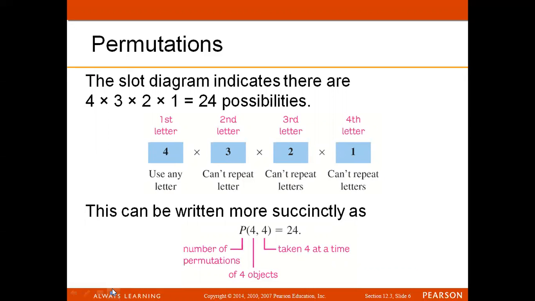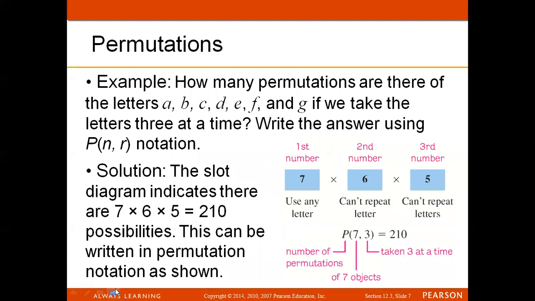This can be written more succinctly as P(4, 4) equaling 24. The number of permutations of 4 objects taken 4 at a time. So P(4, 4) equals 24.